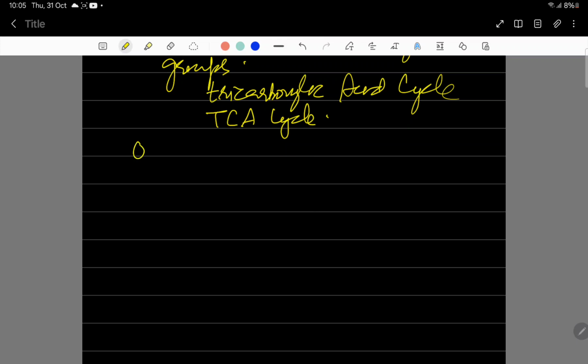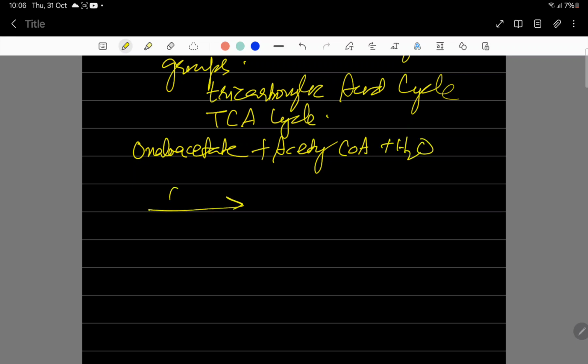So oxaloacetate plus acetyl coenzyme A plus water gives you, in presence of citrate synthetase, citrate plus coenzyme A to be reused.